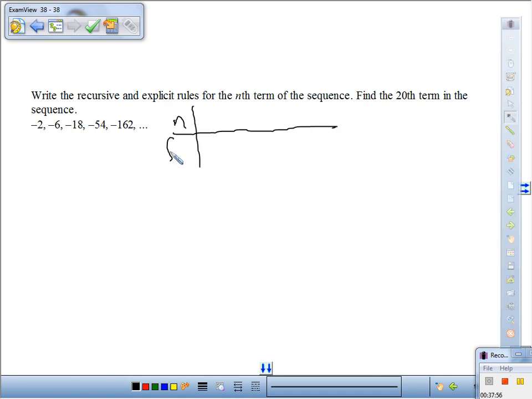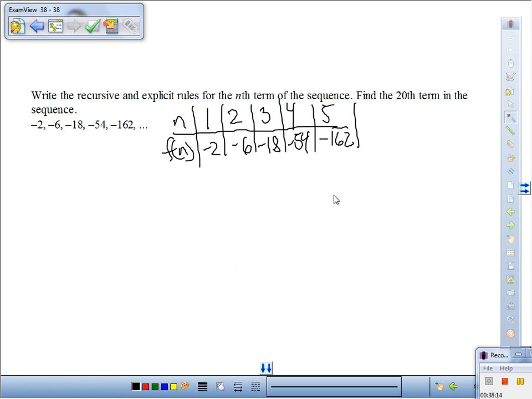And f of n. What's our first term? Negative 2. Our second term, negative 6. Our third term, negative 18. Our fourth term, negative 54. Our fifth term, negative 162. All right. That's the first thing we do.